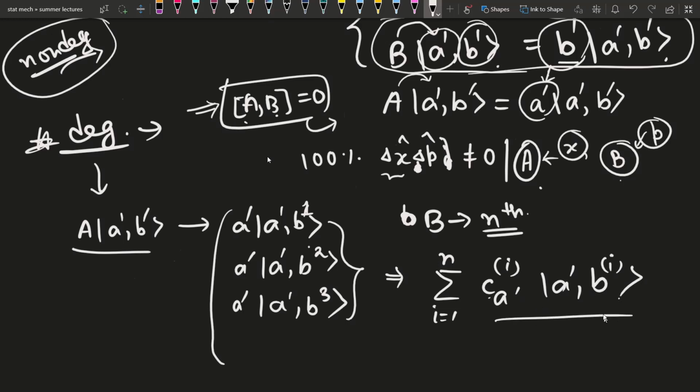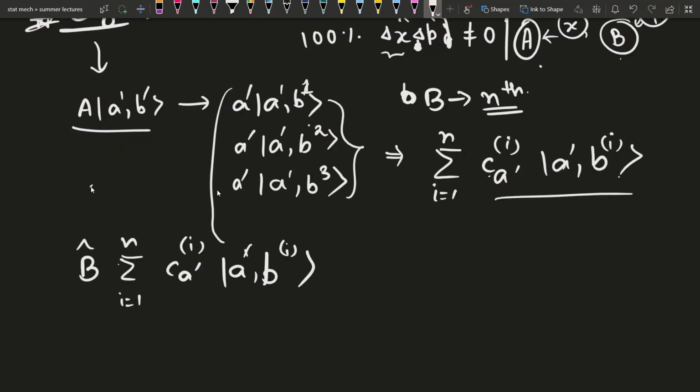Now if sequentially after this measurement we do the measurement of B, that is B operating on the system after the measurement of A, then this will extract any one of the states from the linear combination, suppose Bj.